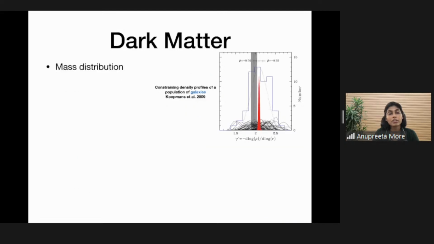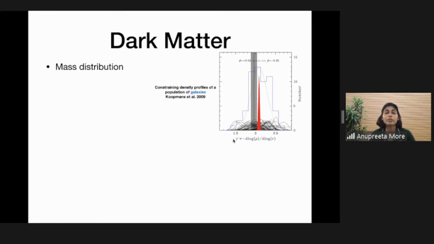Another quantity you can measure is not just the total matter that is enclosed, but also how this matter is distributed. For these kinds of studies, we make use of strong lensing, where we can measure the mass within a certain aperture, usually that Einstein ring, and that is then complemented with other measurements of mass.